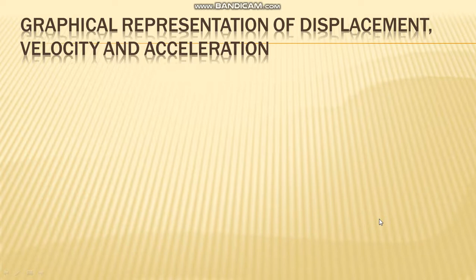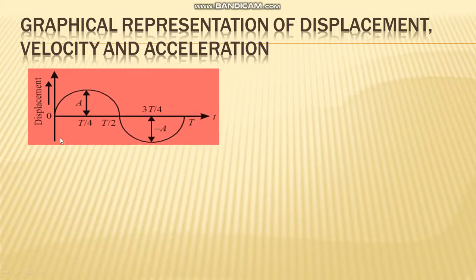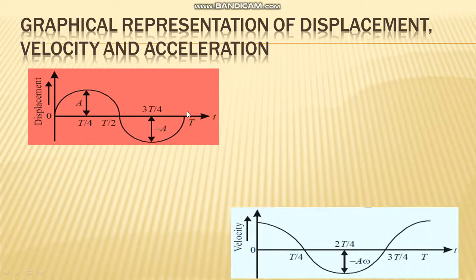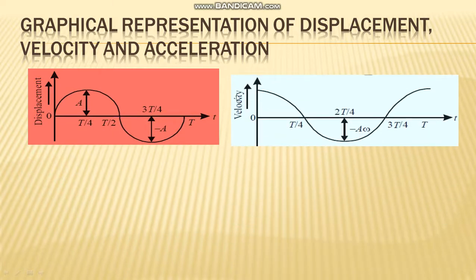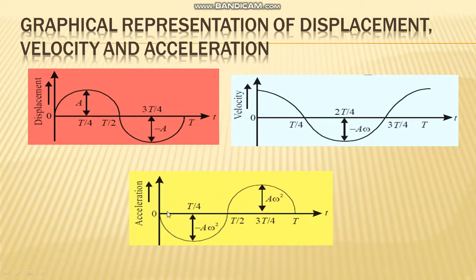Next, graphical representation of displacement, velocity and acceleration. This is the variation of displacement with respect to time. This is the variation of velocity with respect to time. This is the variation of acceleration with respect to time.